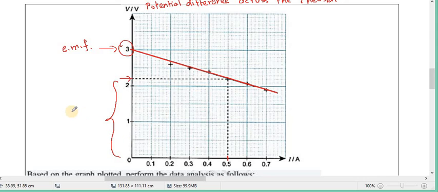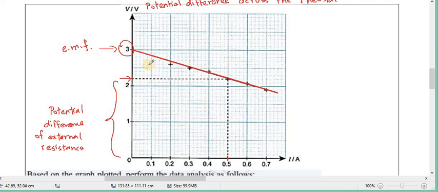That means from here to here is the potential difference of external resistance. Understand? Can you see this one? This is the potential difference of the external resistance.